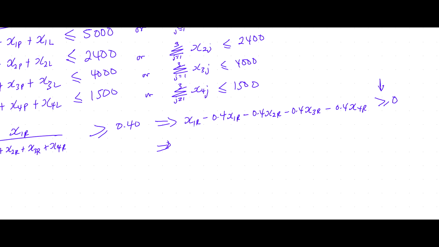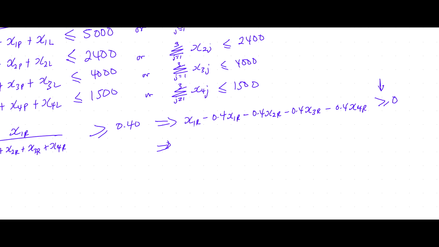So we can solve this problem and say that the final 1R, 2R, 3R, 4R less than that, so minus 0.6.